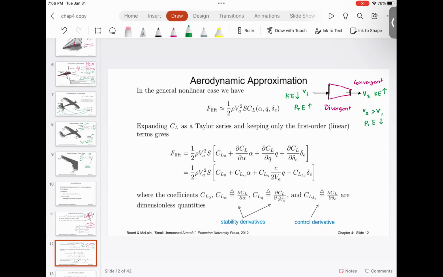They have converging and diverging nozzle. Why? Because as soon as the flow crosses the sonic range, which means it crosses the sound barrier, it crosses the speed of sound, this logic that we talked about is no longer valid.